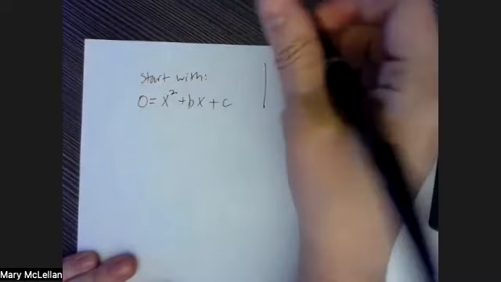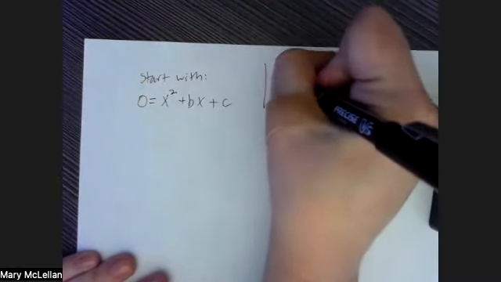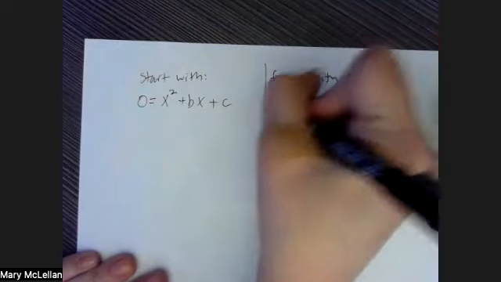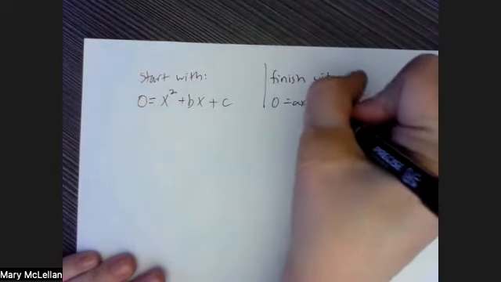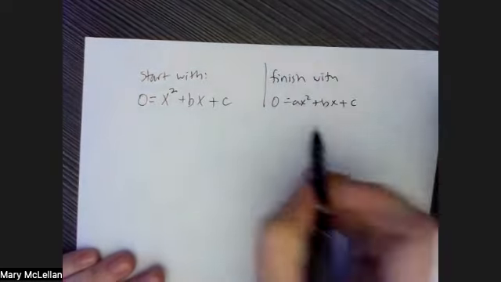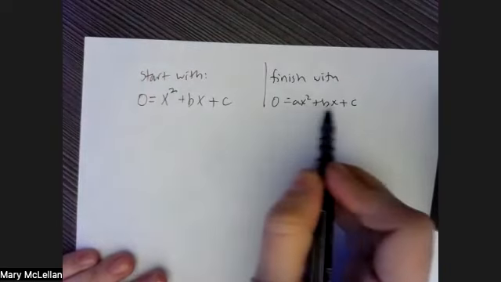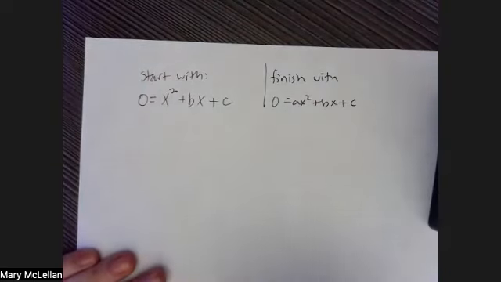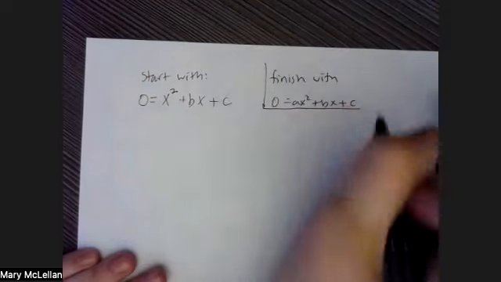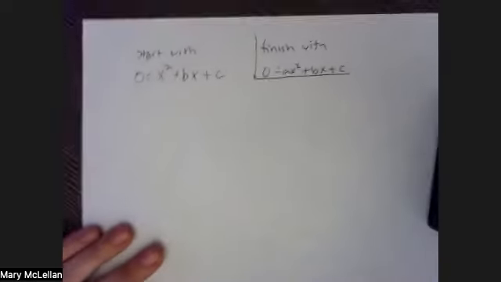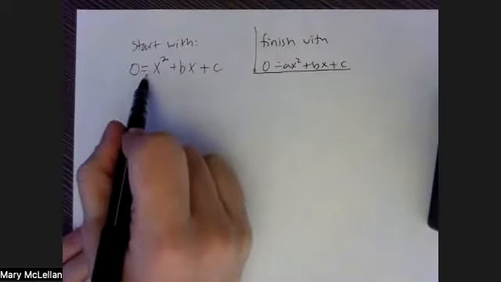Most proofs start with ax squared plus bx plus c, but I think that lacks clarity. Okay, so first I have this equal to 0.